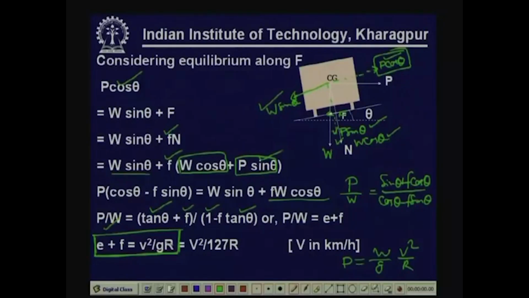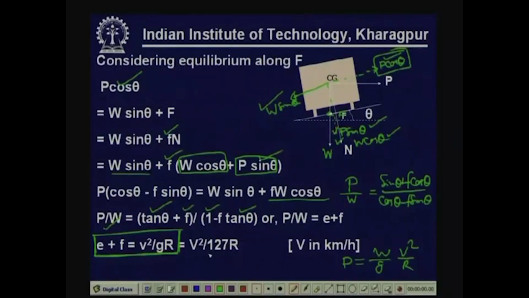But in this case, V is normally expressed in meter per second. If we express this speed in kilometer per hour and use the value of g, acceleration due to gravity, then it becomes V square by 127 r. Basically, it is the same equation; the unit of V is different.